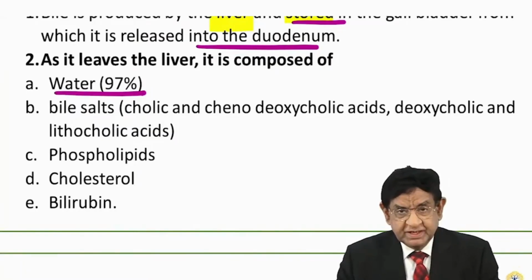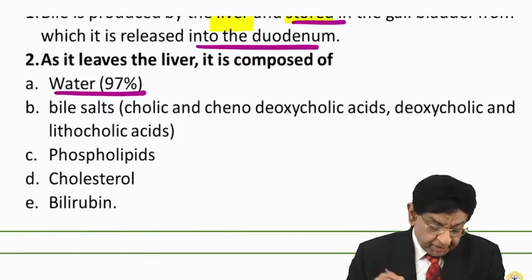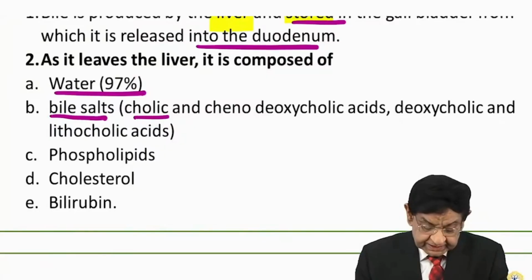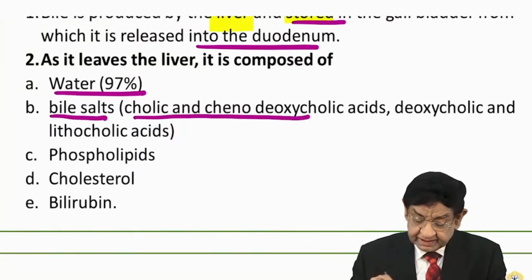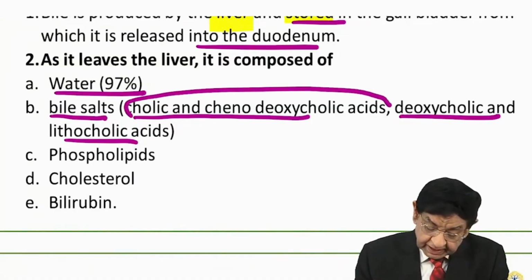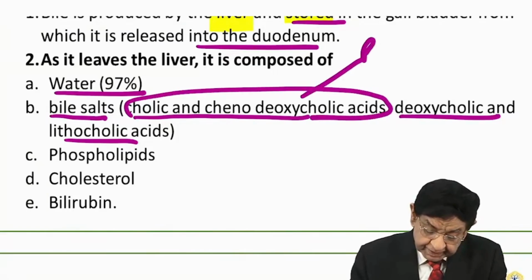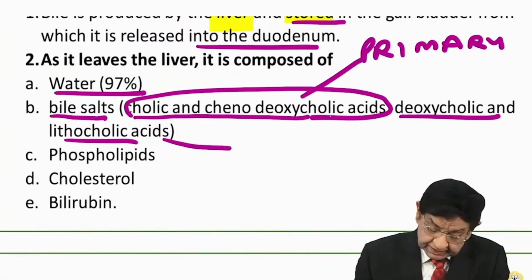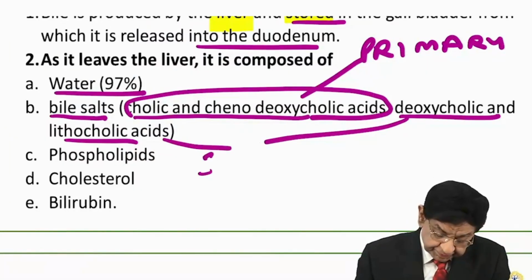But what are the other components? Bile salt, which includes cholic acid and chenodeoxycholic acid, and these are the primary bile acids, and deoxycholic acid and lithocholic acid, and these are the secondary bile acids.